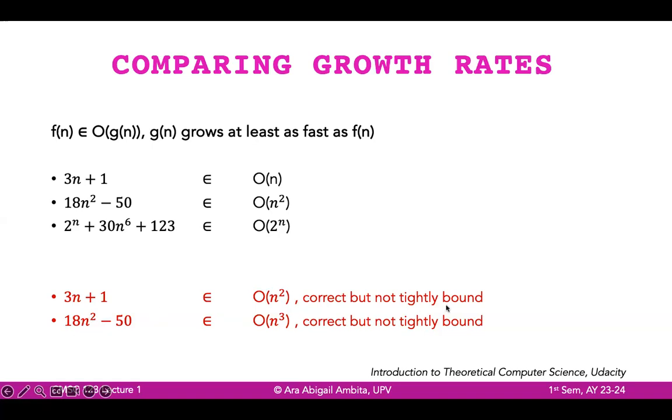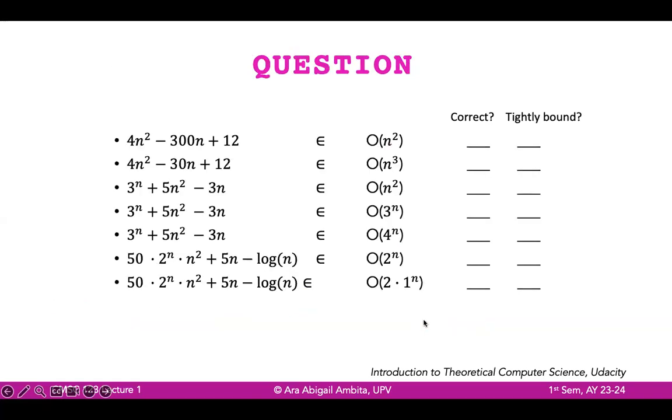It is correct, but it is not tightly bound. Okay, so what about this one? 4n squared minus 300n plus 12 is in O of n squared. So is this correct? Let's remove 300n and then 12 and then 4. We will be left with n squared. So yes, it is correct, and it is also tightly bound.